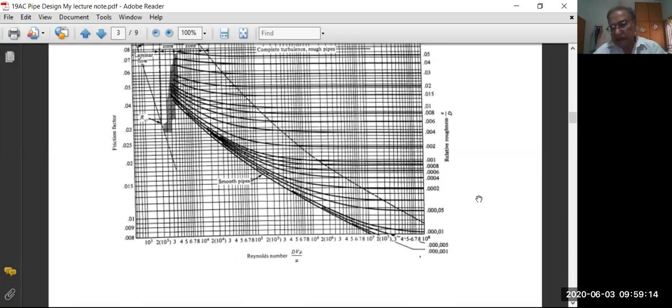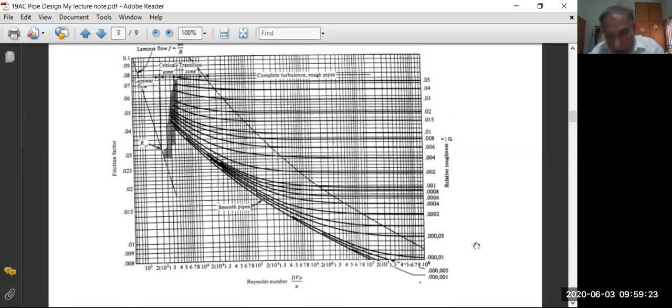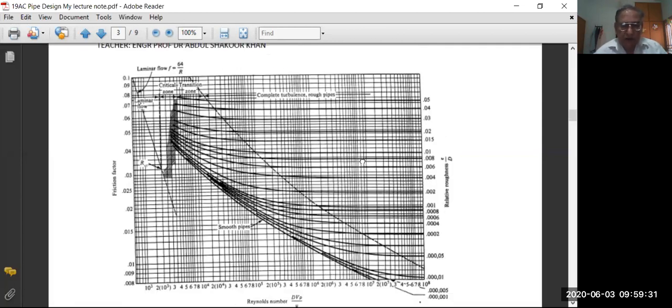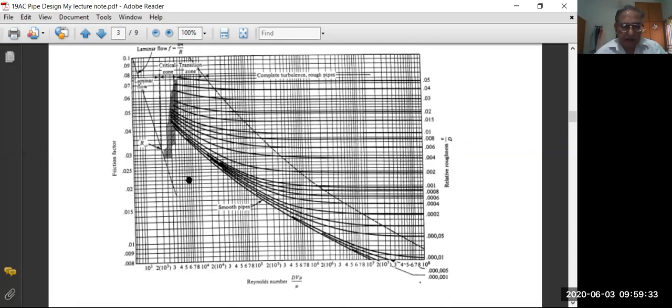And on the right side is given relative surface roughness, epsilon upon D, and this is from 0.001, from 0.01 up to 0.05. And flow regimes are here, from here to here up to 3000.